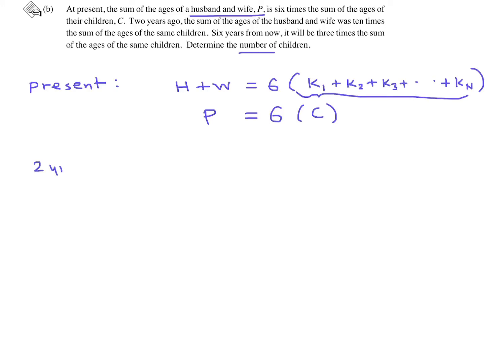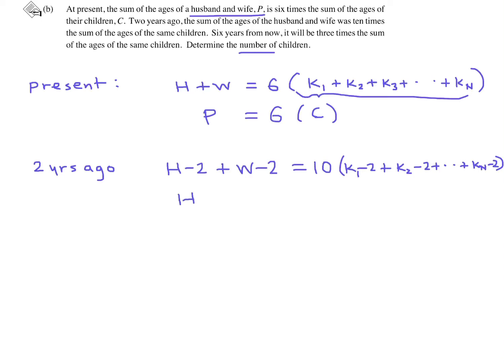2 years ago is the next scenario. So 2 years ago, the husband would be H minus 2 in terms of his age, and the wife would be also W minus 2. And each of these kids are also going to be minus 2 in terms of their age. So K1 minus 2, K2 minus 2, dot, dot, dot, all the way till Kn minus 2. And they're saying 2 years ago, the sum of the ages of a husband and wife was 10 times the sum of the ages of the kids. So you got 10 there.